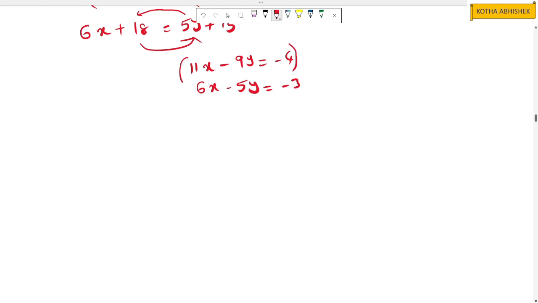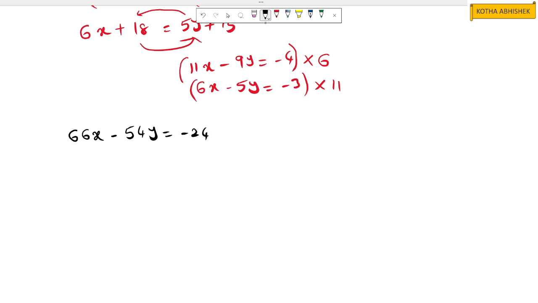So the first equation I am multiplying with the second equation's x coefficient, and the second equation I am multiplying with the first equation's x coefficient. So now 6 into 11x is 66x minus 6 into 9y, 6 9s are 54y equals minus 4 into 6, minus 24.